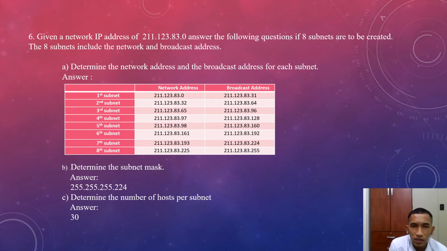For the second subnet, the network address is 211.123.83.32 and the broadcast address is 211.123.83.63. The third subnet starts at 211.123.83.64, with the broadcast address 211.123.83.95.